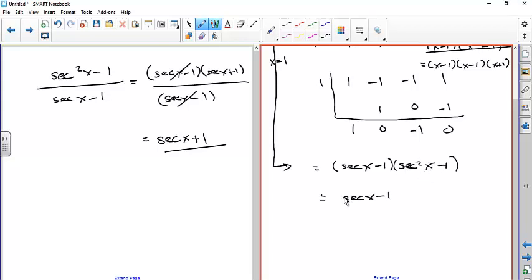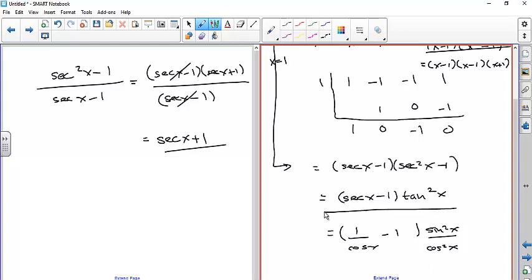That's equal to the tangent squared of x. And I think one more thing you could do is write this as secant of x is 1 over the cosine of x, and tangent is sine squared over cosine squared. I think this might be the answer.